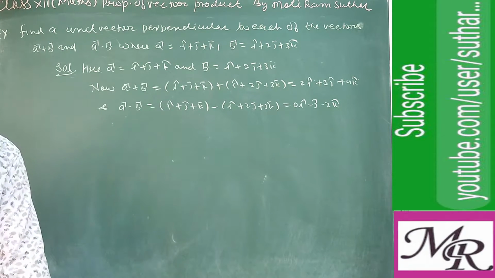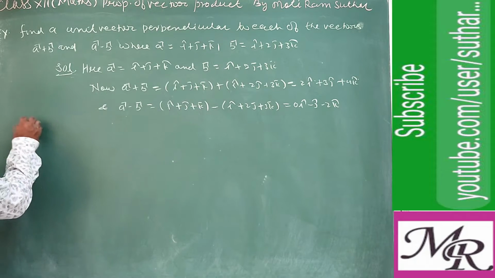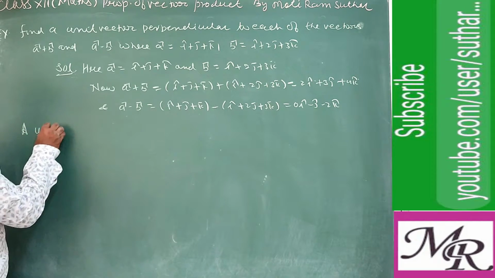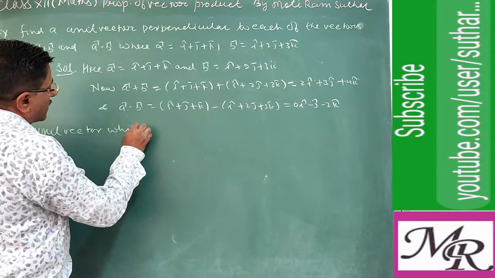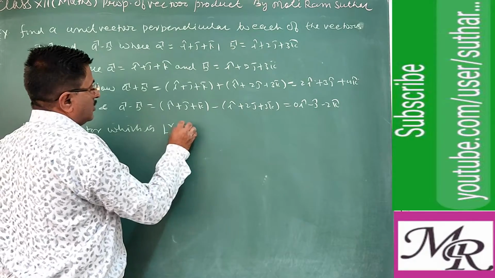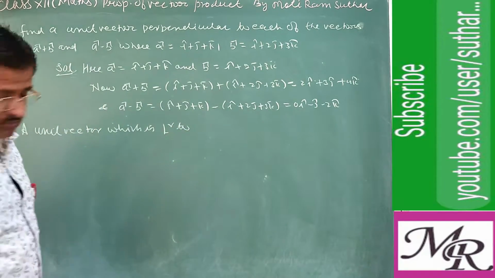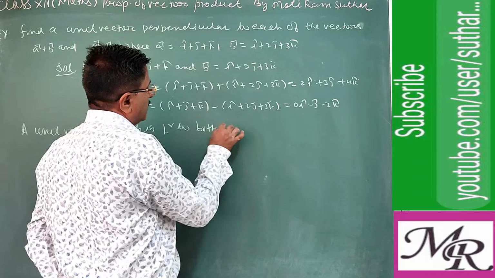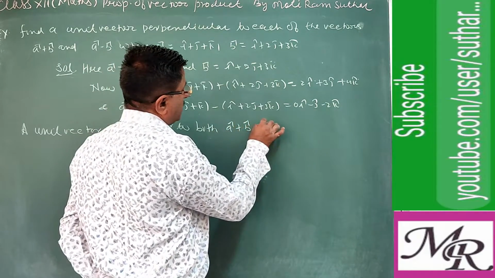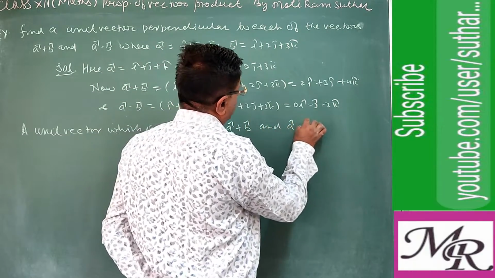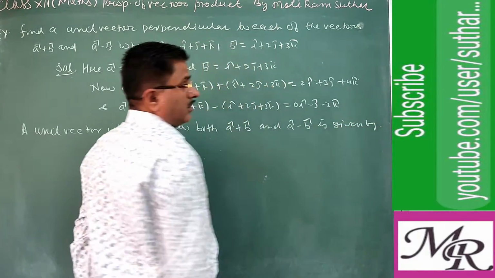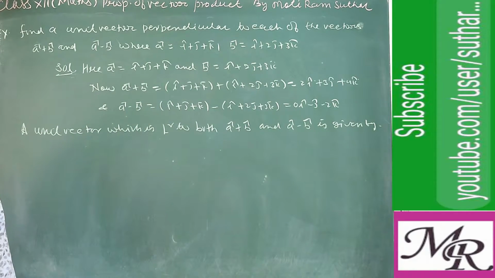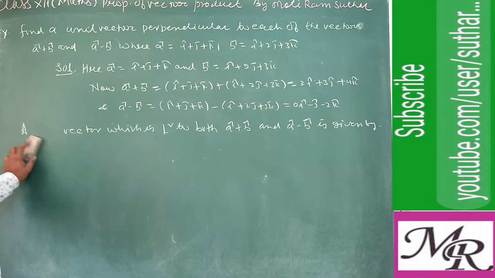So you may write: a vector which is perpendicular to both vector a plus b and vector a minus b is given by... we are not writing unit because first we find the vector, then the unit vector.